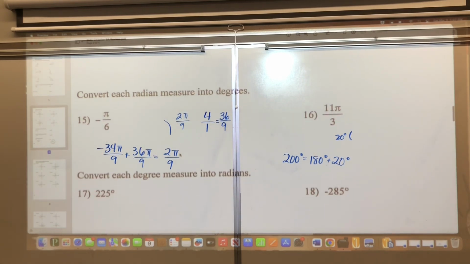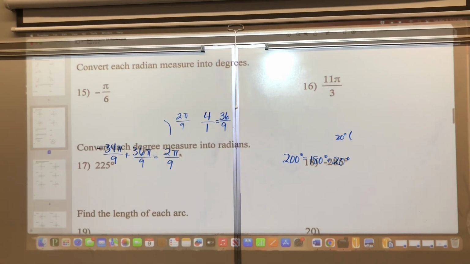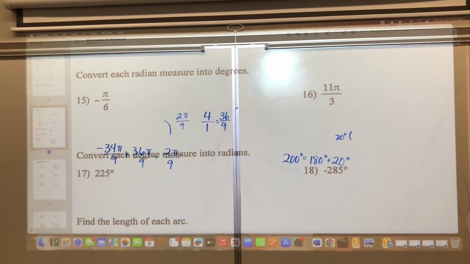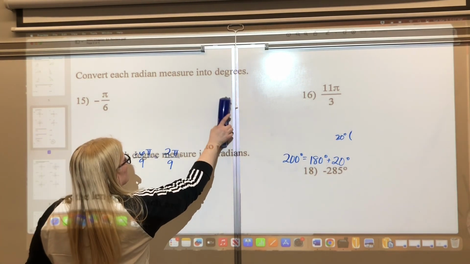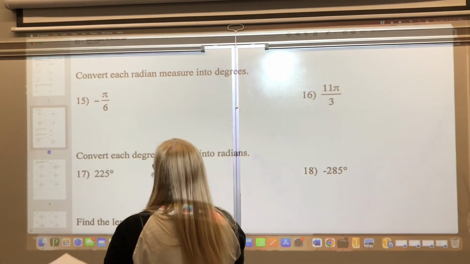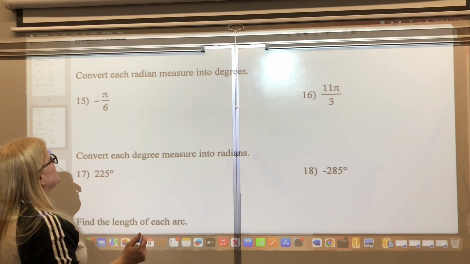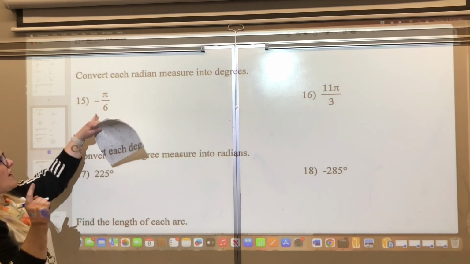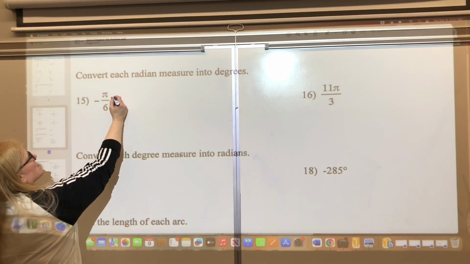Convert each radian measure into degrees, and convert each degree measure into radians. All right, so for number 15, it's in radians. I want it in degrees.